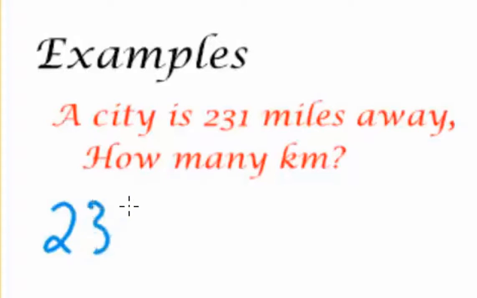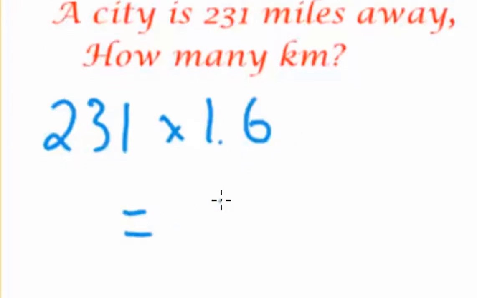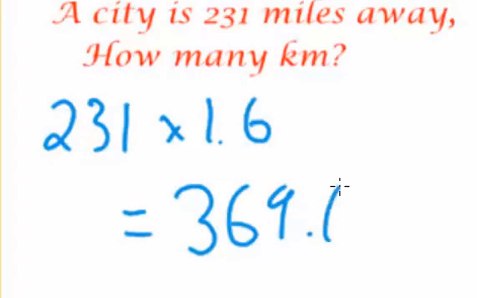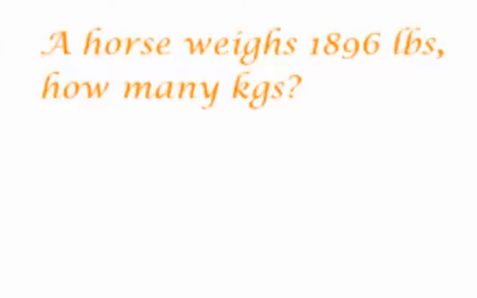So 231 miles, multiply that by the 1.6 kilometers there are in every 1 single mile, and I'll be able to get my answer. 231 times 1.6 would give me 369.6 kilometers. So the two cities are 369.6 kilometers away.